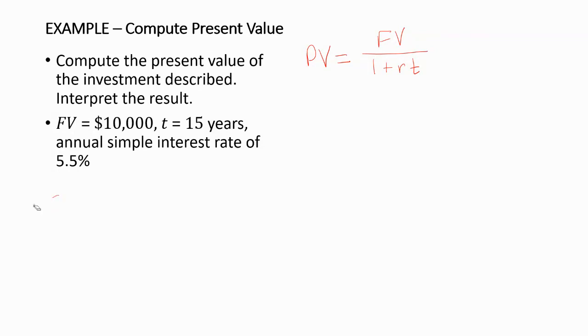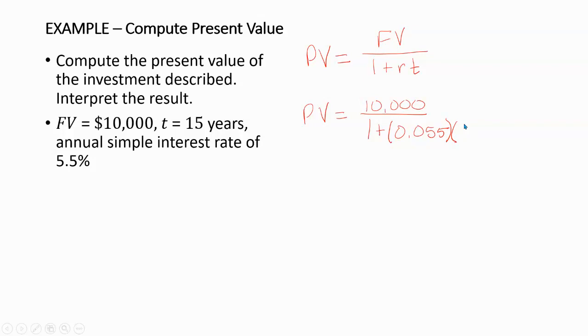My future value, I'm not going to relabel because it's pretty clear in our question. So present value equals future value is 10,000 divided by 1 plus the annual simple interest rate is 5.5%. So as a decimal, 0.055.